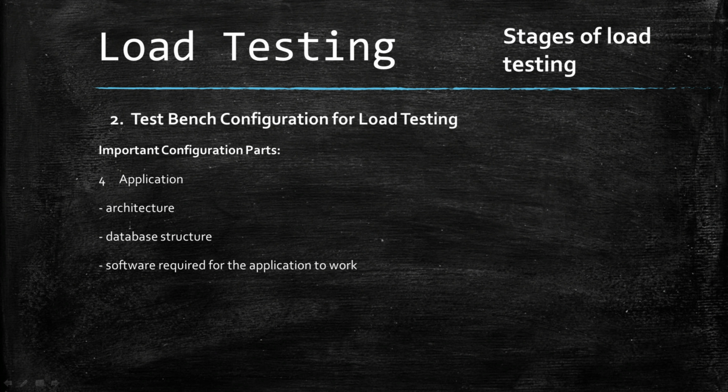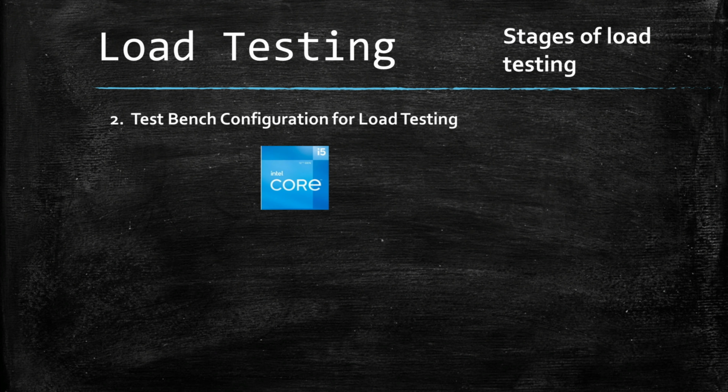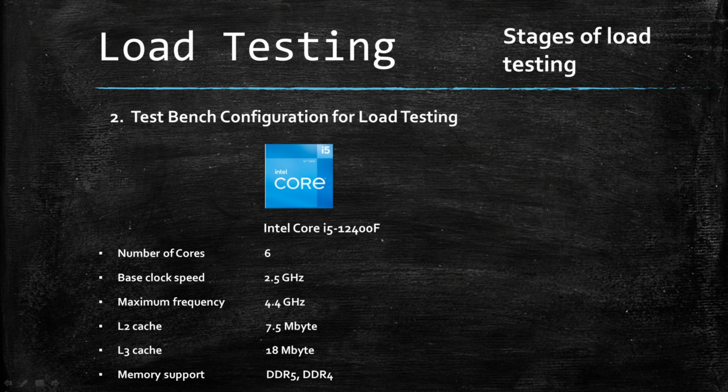Let's go ahead and look at this example. For example, the main server has an Intel processor, which has the following characteristics. And as you guessed, I was given the task of assembling a stand for load testing. What do I need to do? I need to find a processor with similar characteristics.